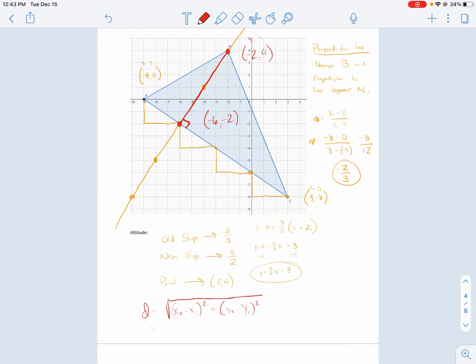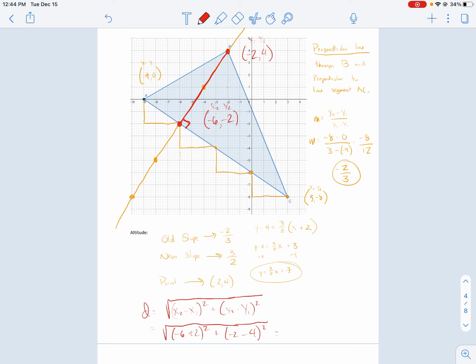So this is going to be x1, y1, x2, y2. x2 is -6 minus x1, which is 2, so -6 minus -2... squared, plus y2, which is -2, minus y1, which is 4, squared.